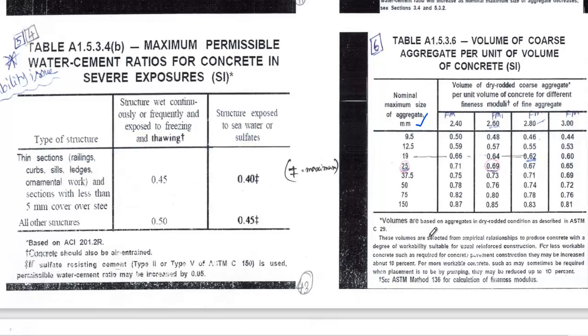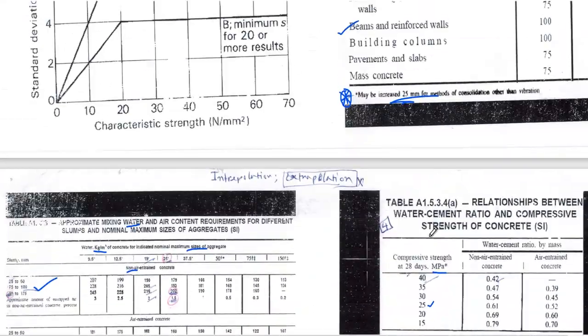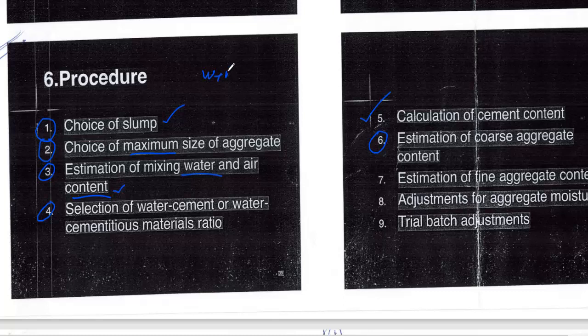Do you understand? Once you find it out, you can also find the quantity of water in terms of 1 unit volume, and the quantity of air in terms of 1 meter cube volume. So you have water, you have air, you have coarse aggregate, you have cement, and you also have fine aggregate.